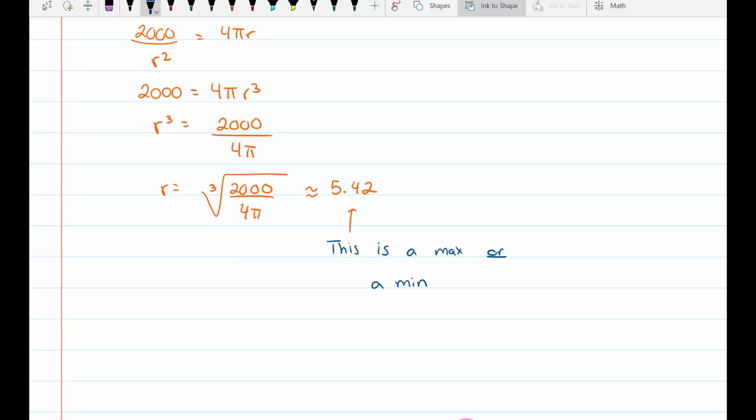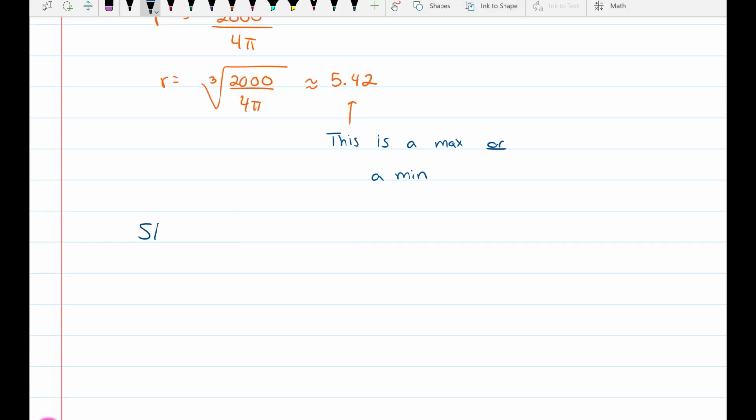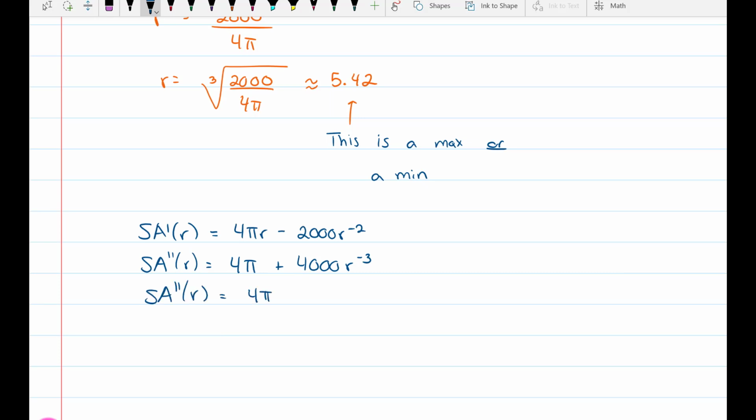However, let's confirm algebraically. So the derivative of surface area was 4 pi r minus 2,000 r to the negative 2. If we take the derivative of that, we get the second derivative: 4 pi plus 4,000 r to the negative 3, which is equal to 4 pi plus 4,000 divided by r cubed.